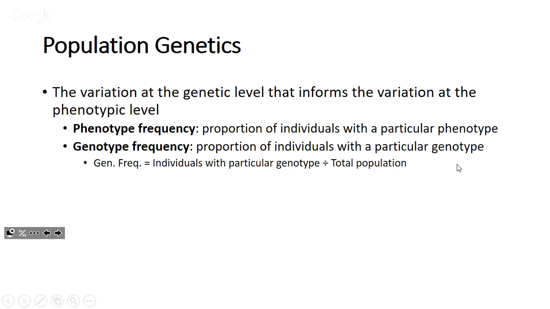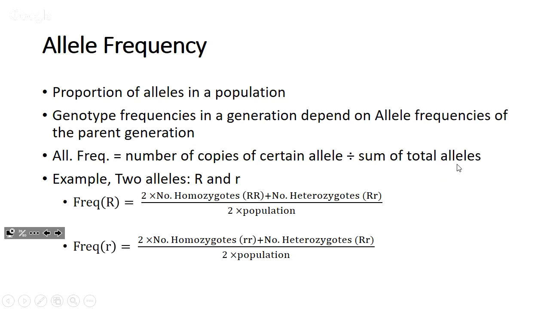Well, you're going to end up with two different things: a phenotype frequency, which is the proportion of individuals that actually physically express traits, and a genotype frequency, which is the proportion of individuals that actually have the genetic makeup to express said traits. If you want to calculate the gene frequency, all you need to do is get the individuals with a particular genotype divided by the total population. Too easy.